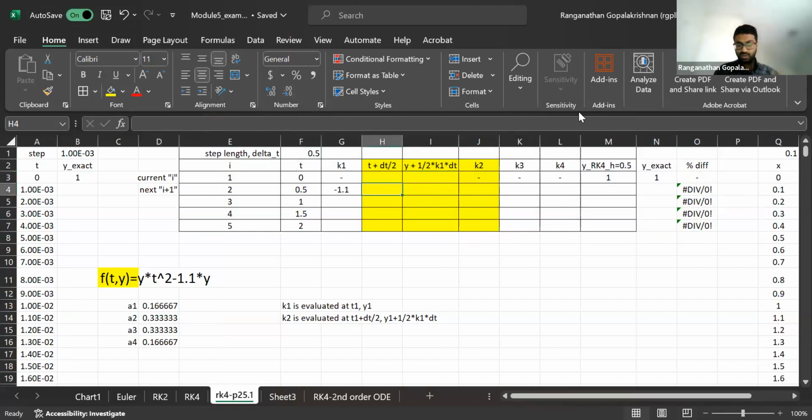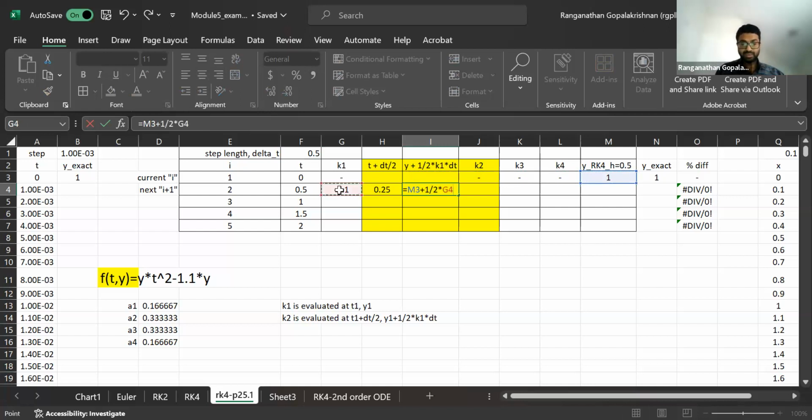What is T plus dt over 2? What is T here? T is T1, which is 0, plus dt being 0.5. You have to lock it with the dollar sign, divide by 2. And then Y is the Y from the current, plus half times whatever K1 is multiplied by dt, and then lock the dt.